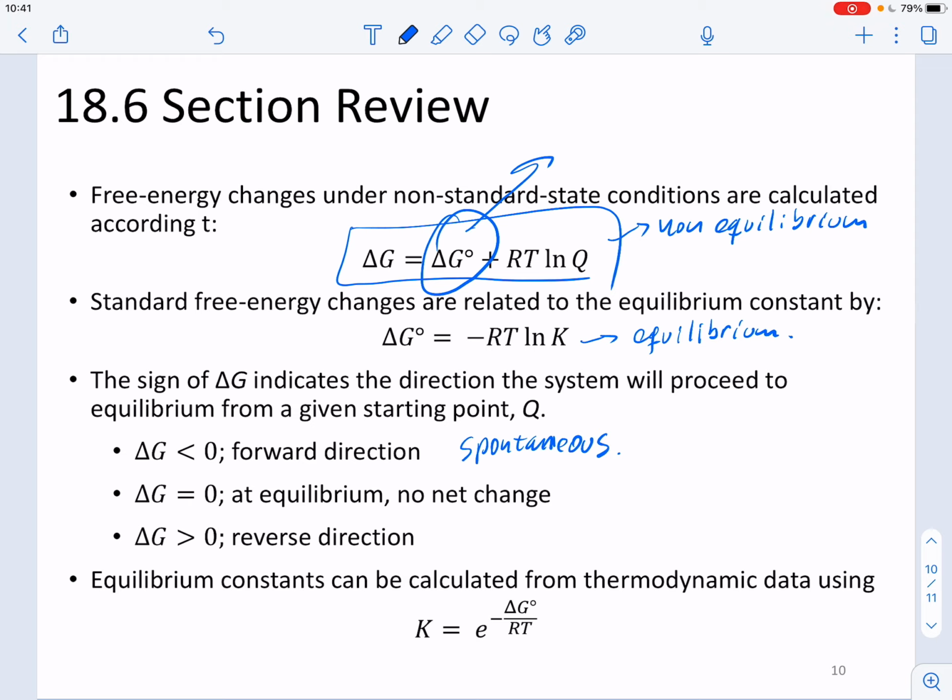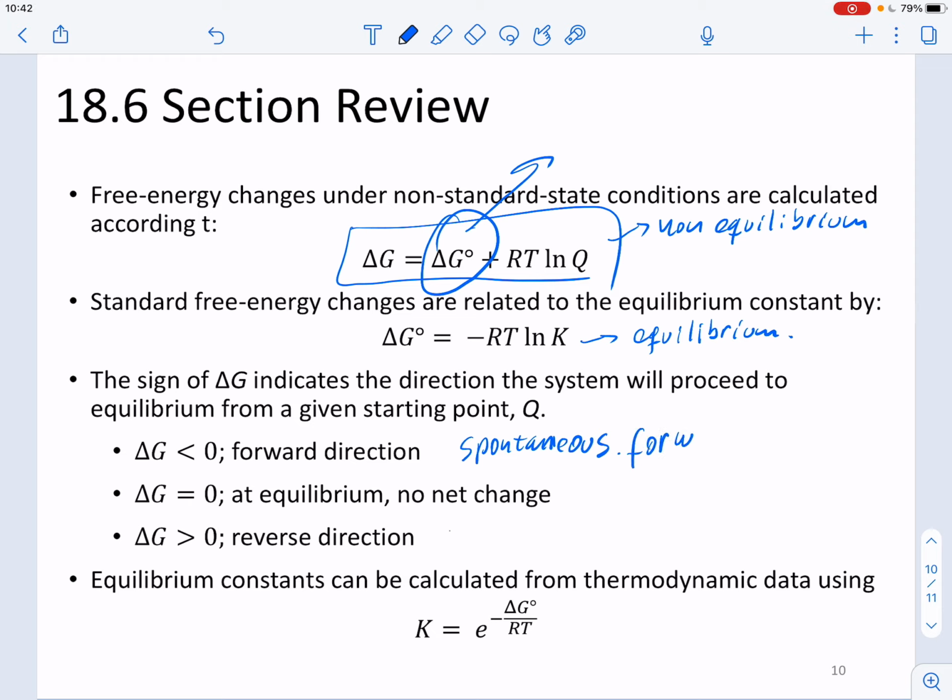Okay, if delta G is equal to 0, you are at equilibrium, there is no net change, neither one of the directions is favored. And if delta G is positive, then the reverse direction.